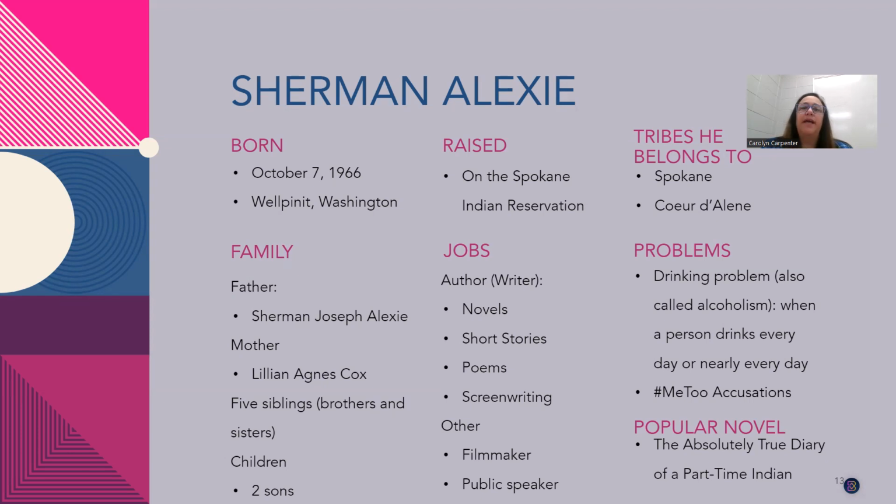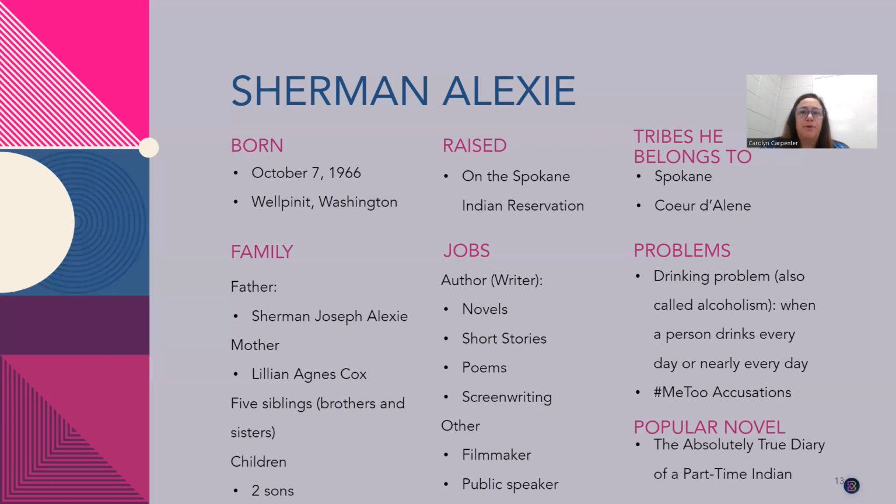Okay, only the difference is that tribes can all be from the same country, okay? But the different tribes speak different languages almost always, and they have different cultures and different practices and different religions, okay? So Sherman Alexie is actually part of two different tribes.